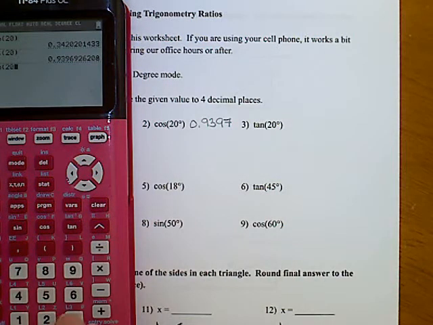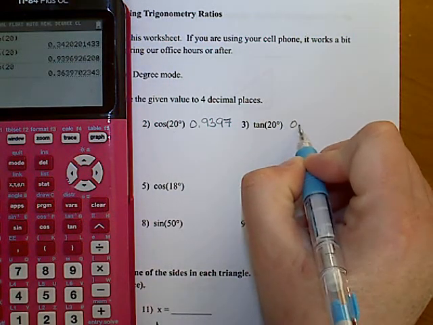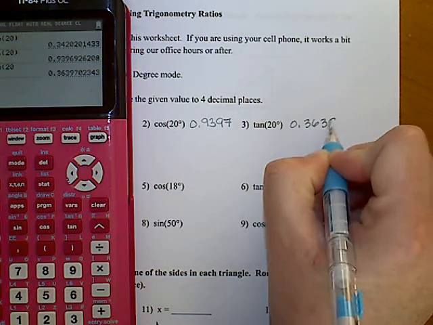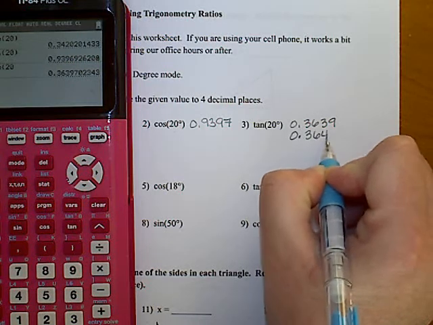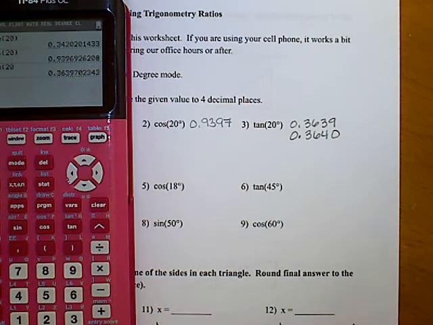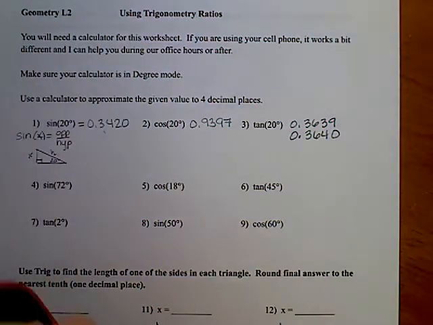And then the last one is the tangent ratio, 0.3639. So we could probably say 0.3640. All right. So now that we've been able to input into our calculator, and I'll give you some time, now would be a great time to pause the video and finish the rest of these.